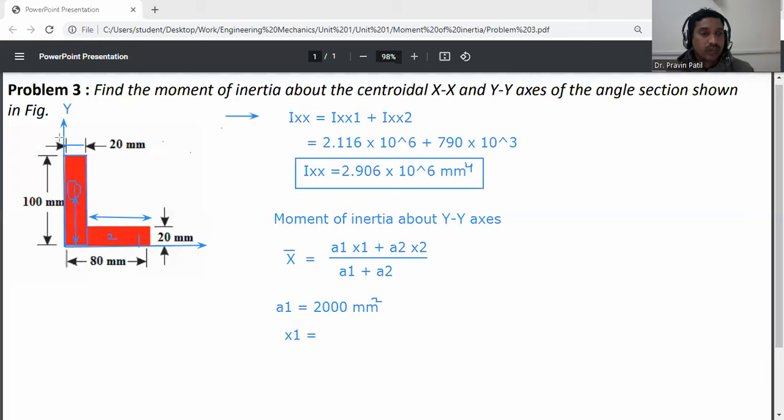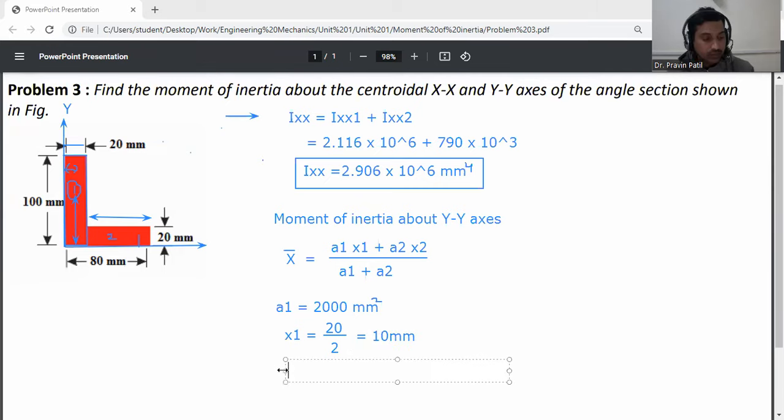For the first part it is half of this part. The total width is 20, so x1 is 20 divided by 2, which is 10 mm.